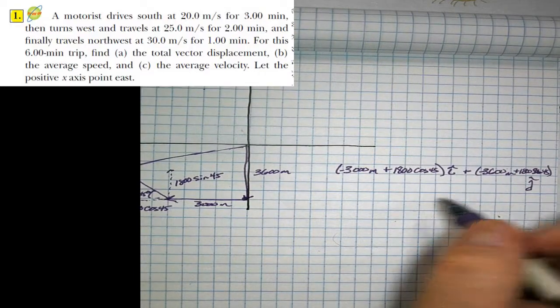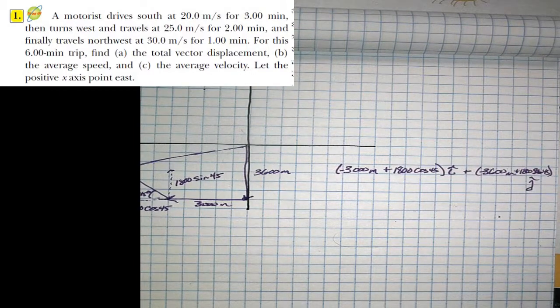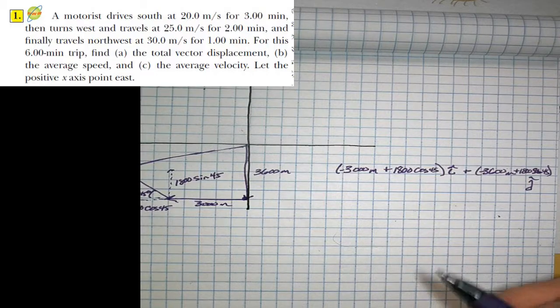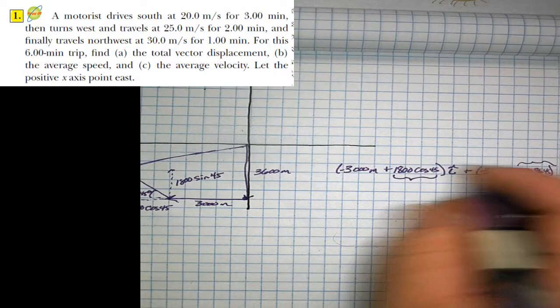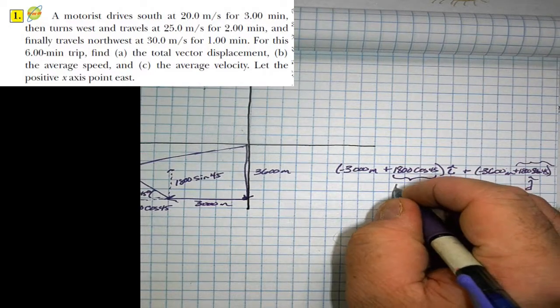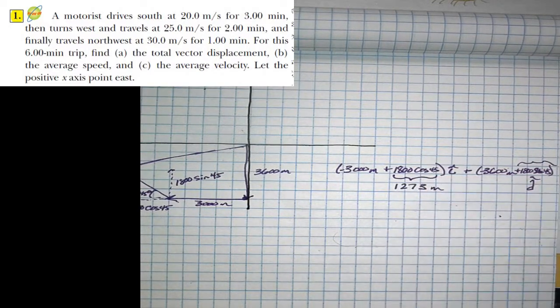But 1,800 cosine 45 is 1,800 divided by the square root of 2. This value, for both of these, is going to equal 1,273 meters.